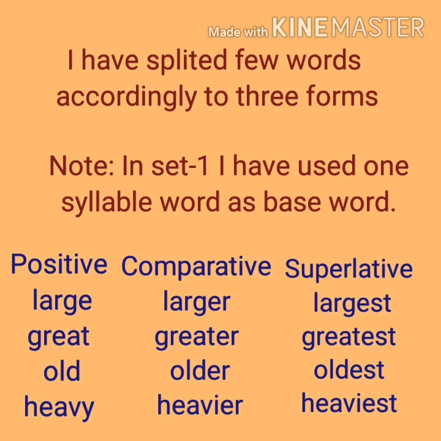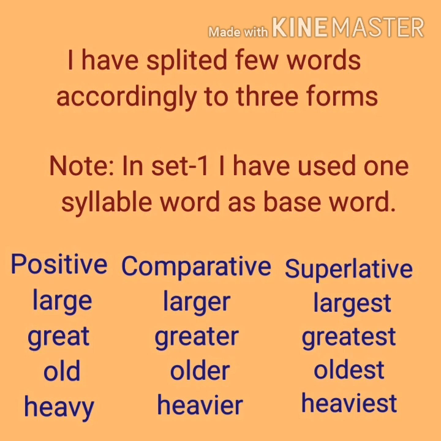When you add er or ier, it becomes comparative form. Large becomes larger, great becomes greater, old becomes older, and heavy becomes heavier.